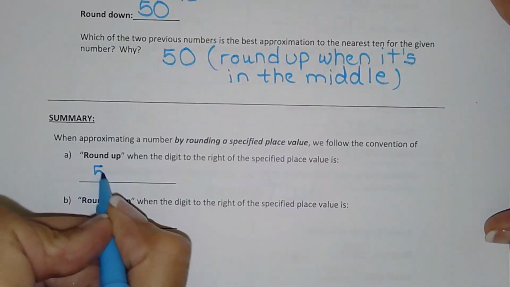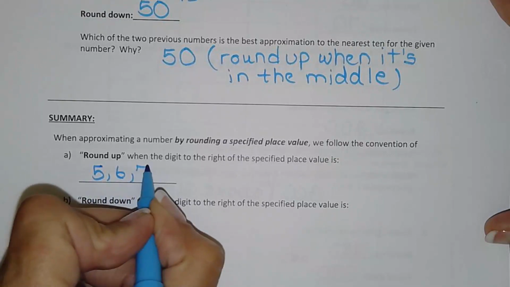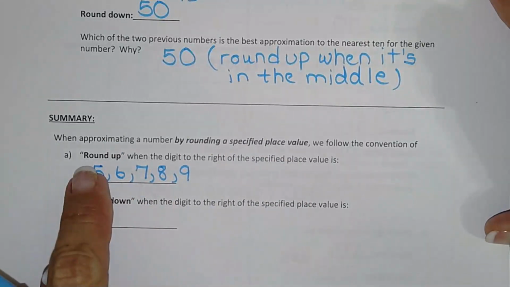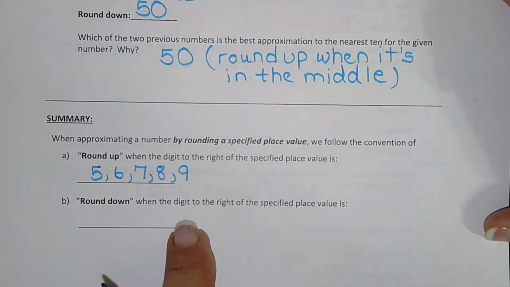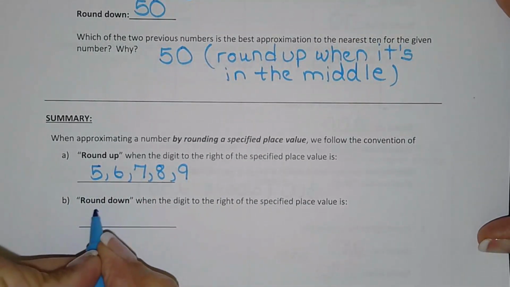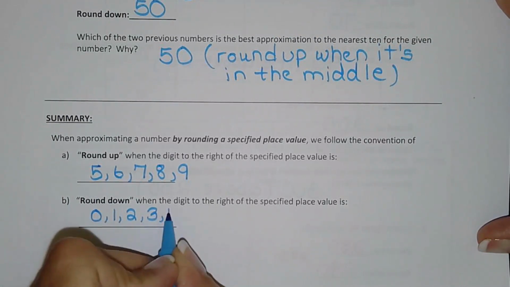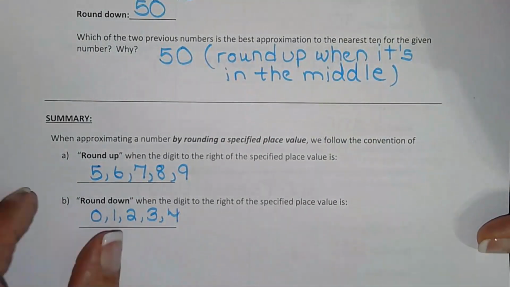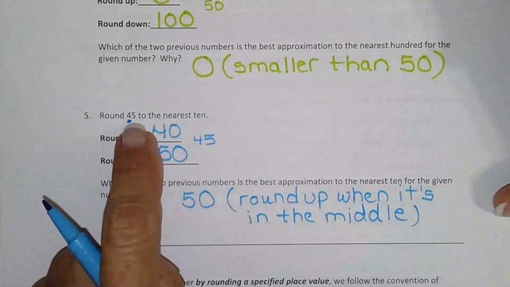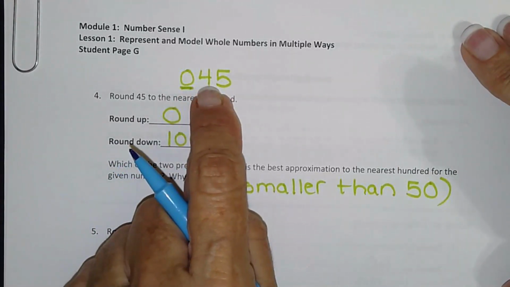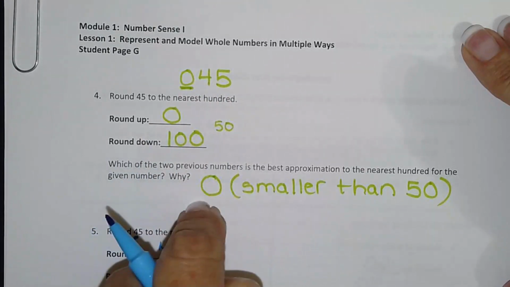So 5, 6, 7, 8, or 9, then you would round up. When the number following it is 0, 1, 2, 3, or 4, then we round down. And you can see that practice here. 5 or larger, we round it up. The number following was 4 or smaller. That's why we rounded down.